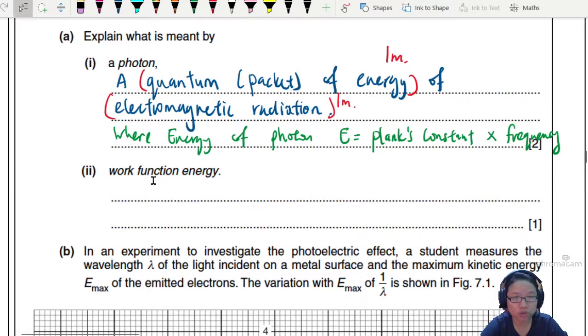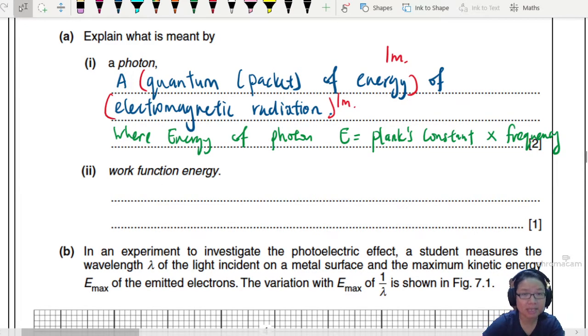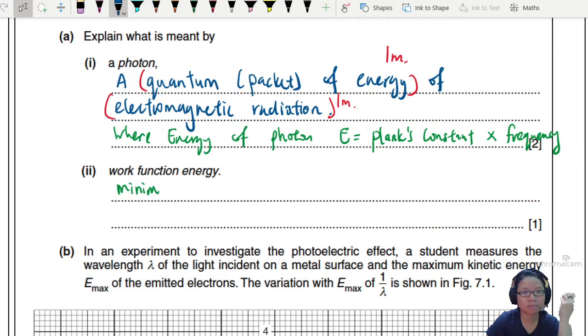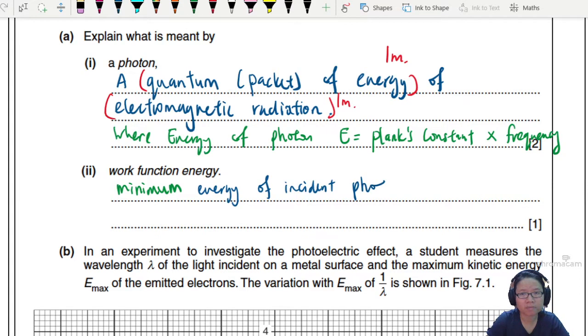Work function energy. When you see work function, this is the minimum energy, to be a bit specific, of an incident photon to cause or to produce photoelectron emission.